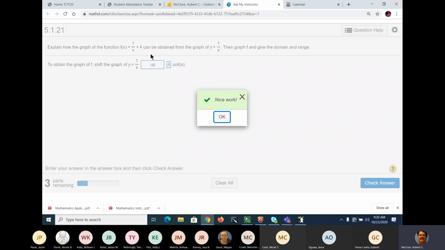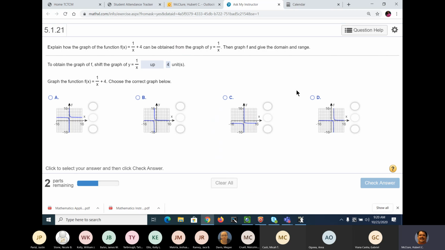Remember, in order for the horizontal shift to be into play, it has to be connected to the x. Let me give you an example. Therefore, on the recording, you can say, oh, I'm going to rewind that.